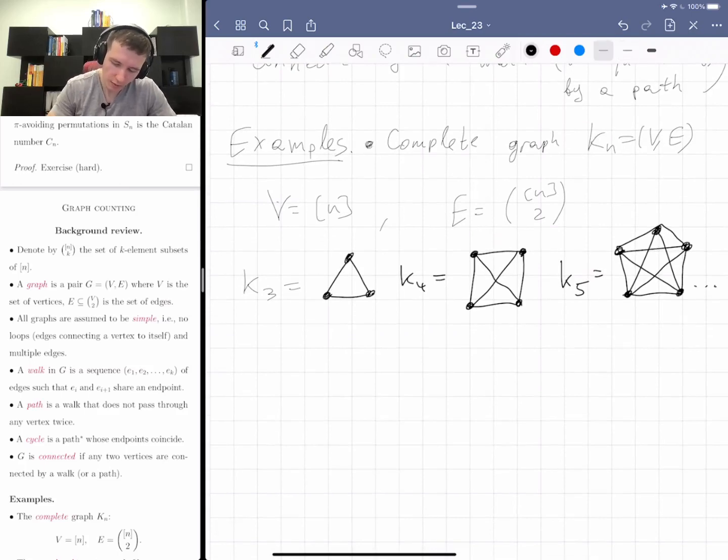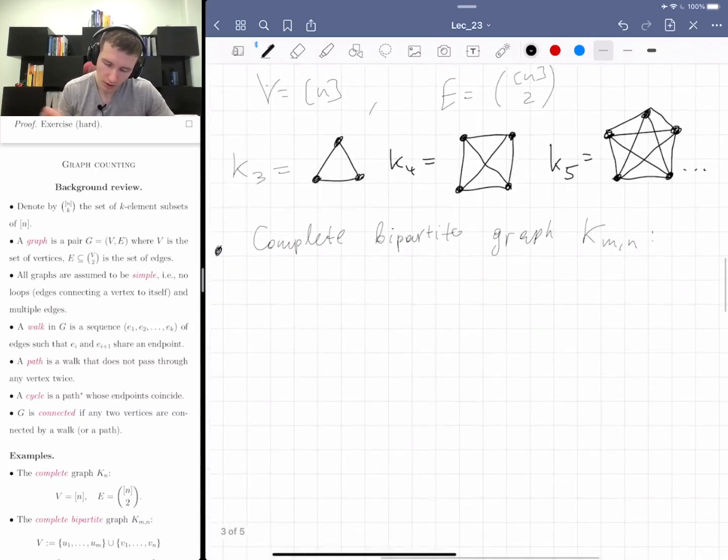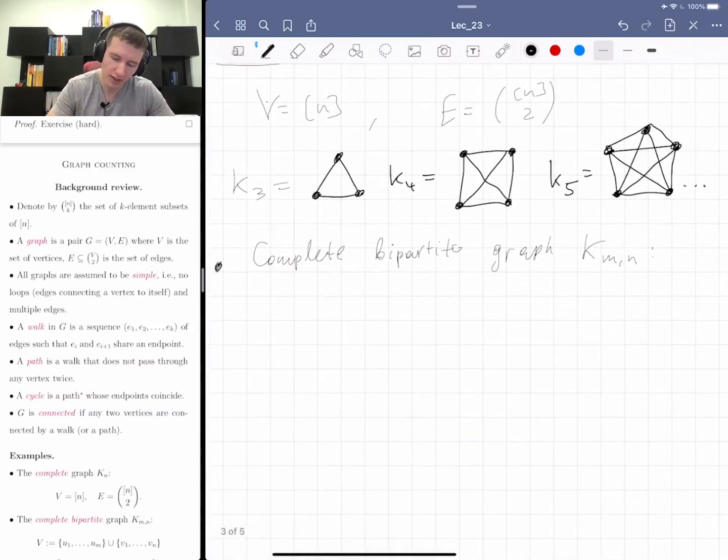So that's one example. Another example is the complete bipartite graph. For Kn you just have n vertices and you connect all pairs by edges. The complete bipartite graph is denoted Km,n. So here the vertex set is going to be slightly tricky.